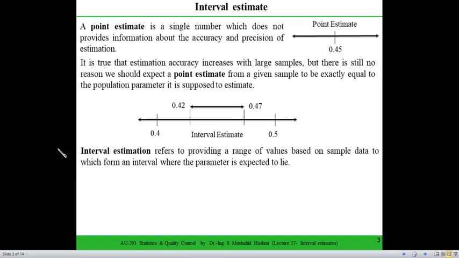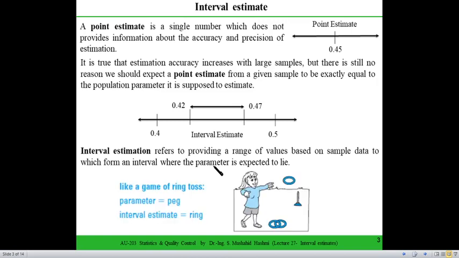Interval estimation refers to providing a range of values based on the sample data, which forms an interval where your parameter, which is always an unknown and is always from a population, is expected to lie. And keep in mind, these intervals, these ranges, are always drawn from a sample, so they act as an estimator for those population parameters.